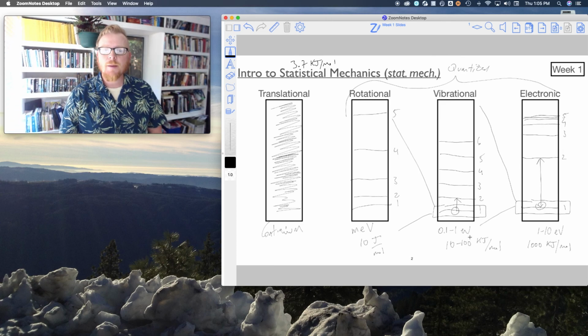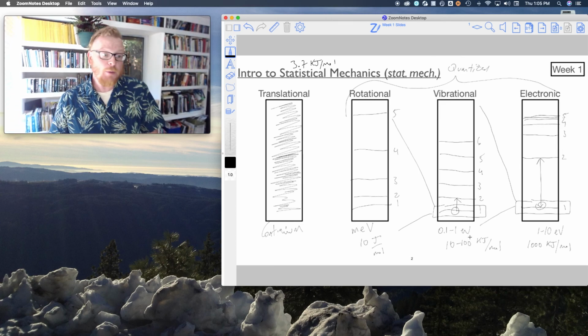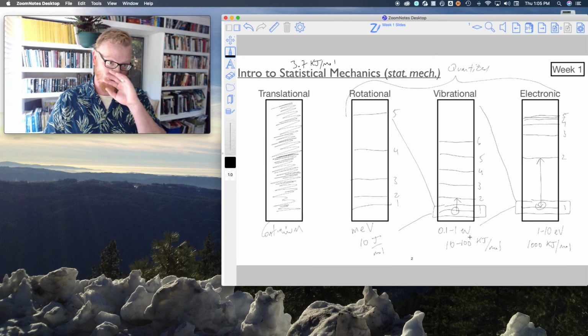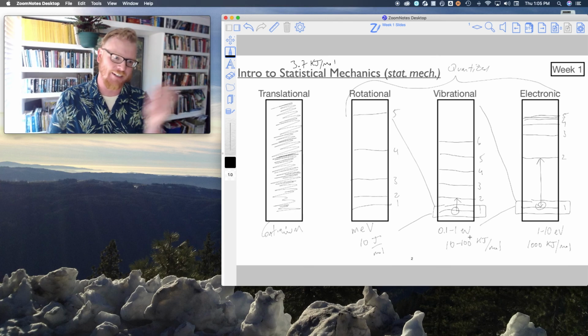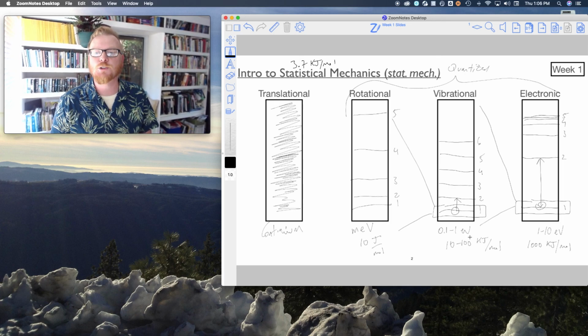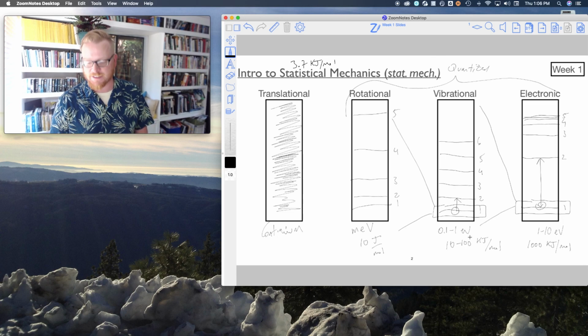Even so, 3.7 kilojoules per mole is not enough energy to reach an elevated vibrational level, even though technically a noble gas doesn't have a bond to vibrate on. But if we had a similar molecule with that kinetic energy, it has to exist in the ground vibrational state. It does not have enough thermal kinetic energy to self-promote to an upper lying vibrational level.